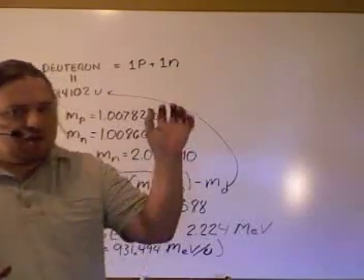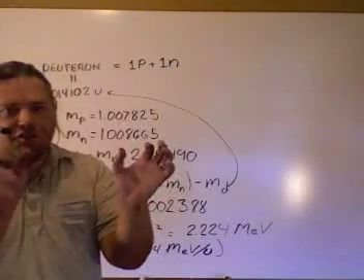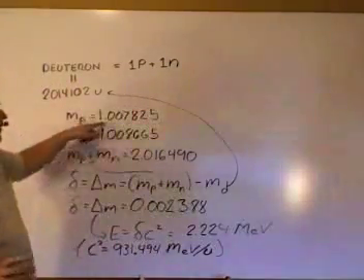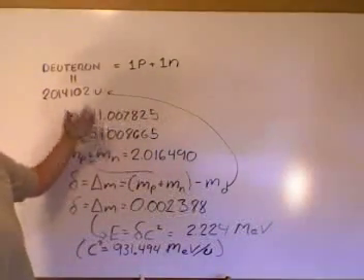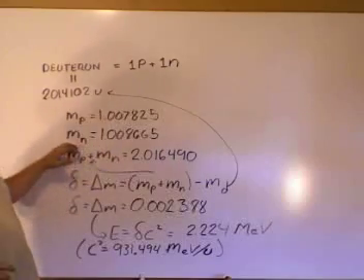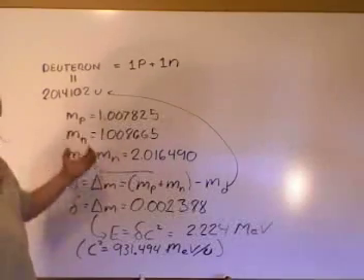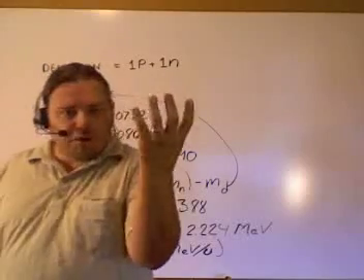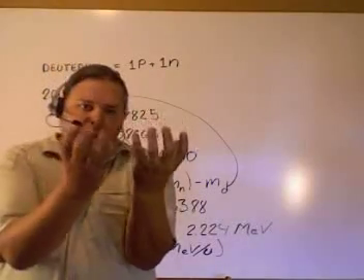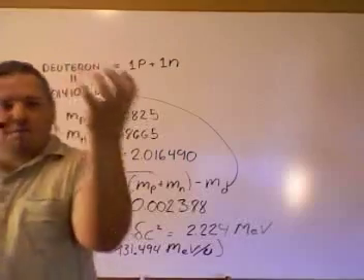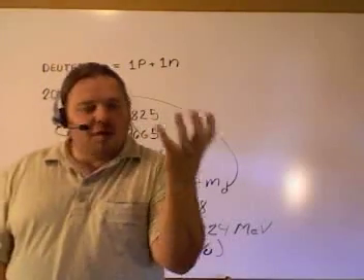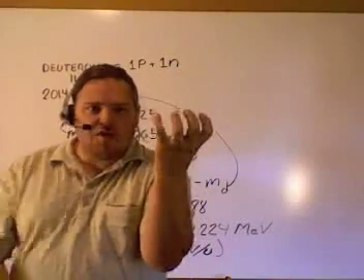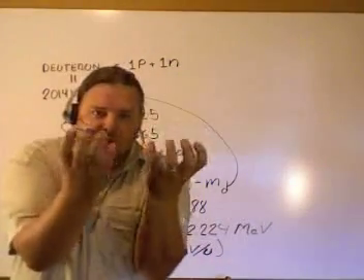If I counted the number of protons and the number of neutrons, I take the number of protons and multiply it by the amount of mass per proton. I take the number of neutrons times the mass per neutron.